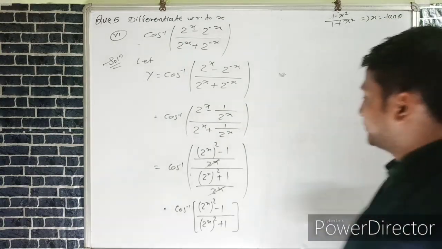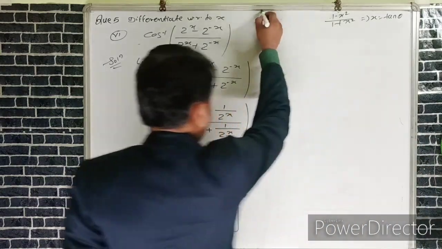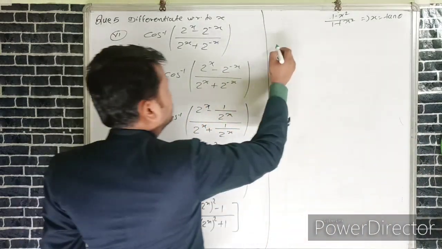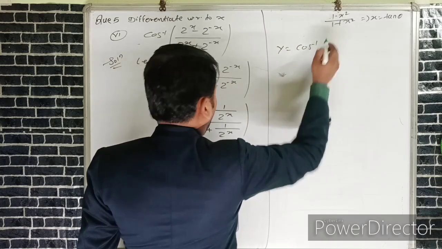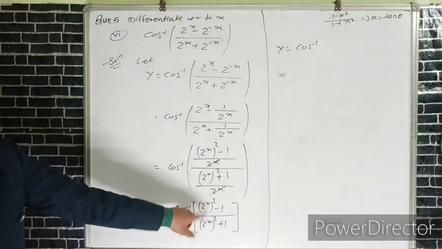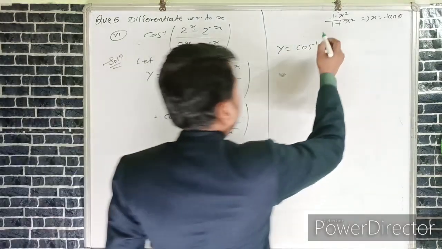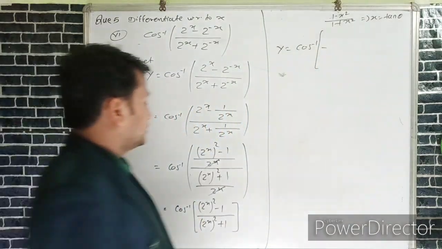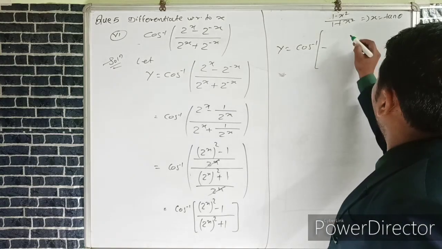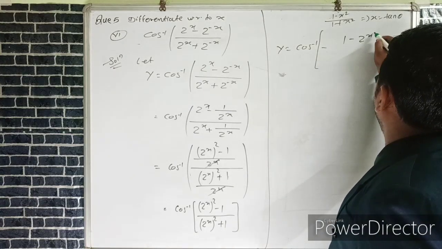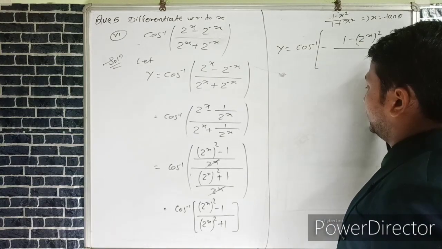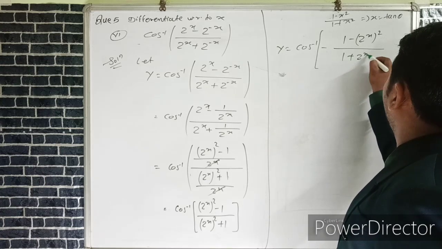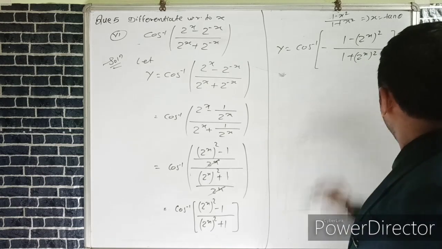First we convert this function in the form of y is equal to cos inverse of (2 raised to the power x) whole square. If we take the minus sign common from the numerator, then we can write it as minus (1 minus (2 raised to the power x) whole square) upon (1 plus (2 raised to the power x) whole square) as it is.